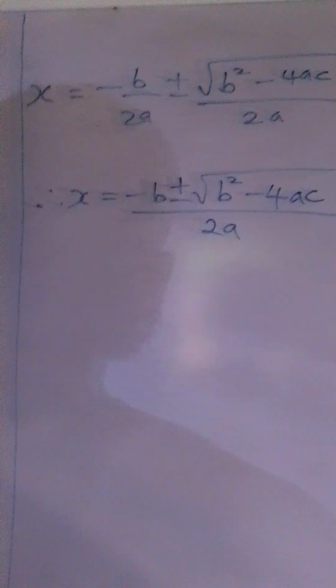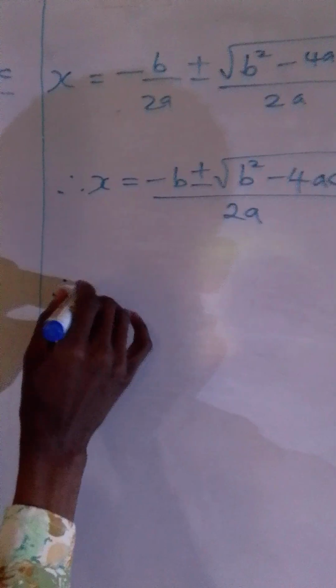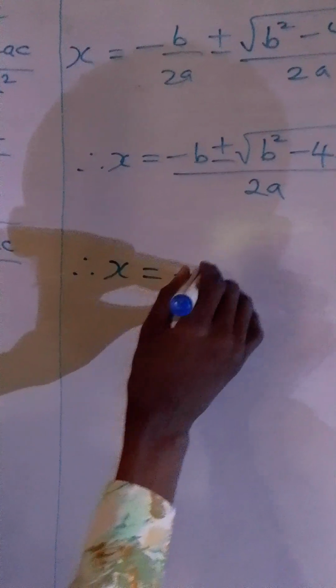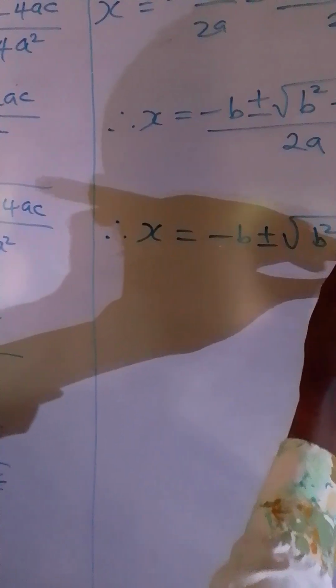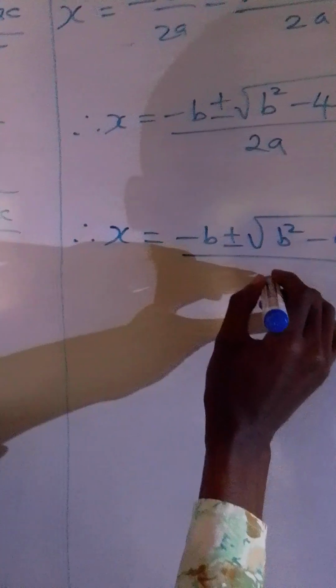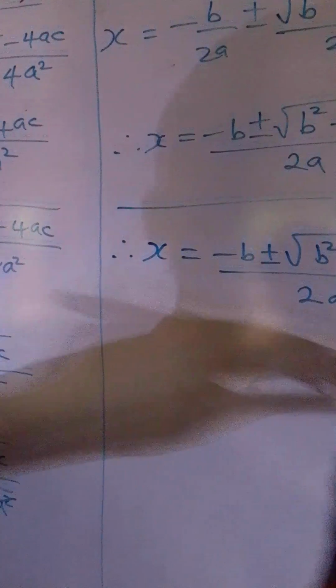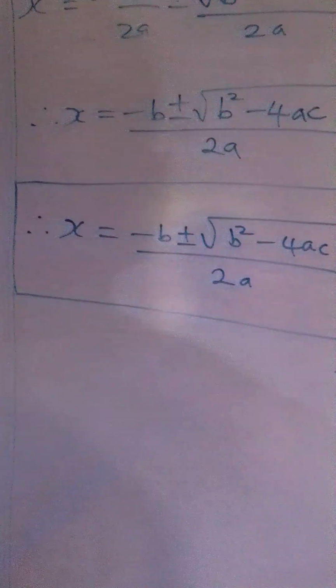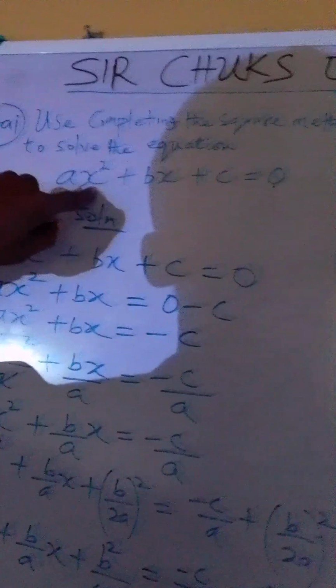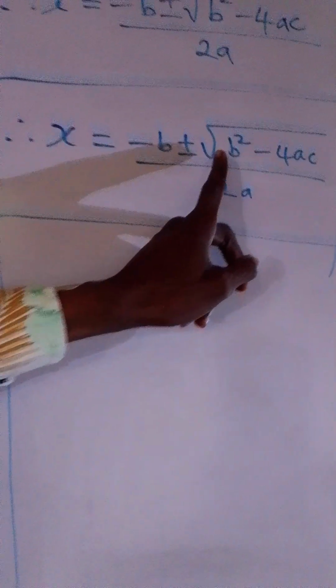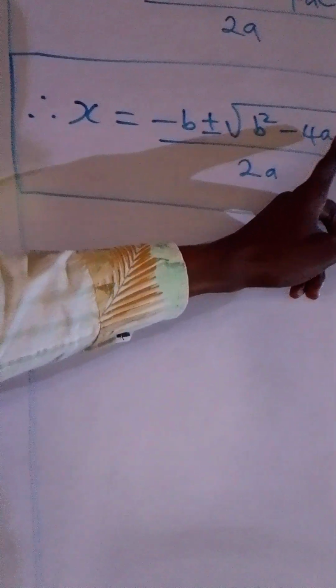Alright, so finally our answer is x equal to minus b plus or minus square root b squared minus 4ac over 2a. So this is the final answer. We have just solved this equation, meaning to find the value of x, which is this.